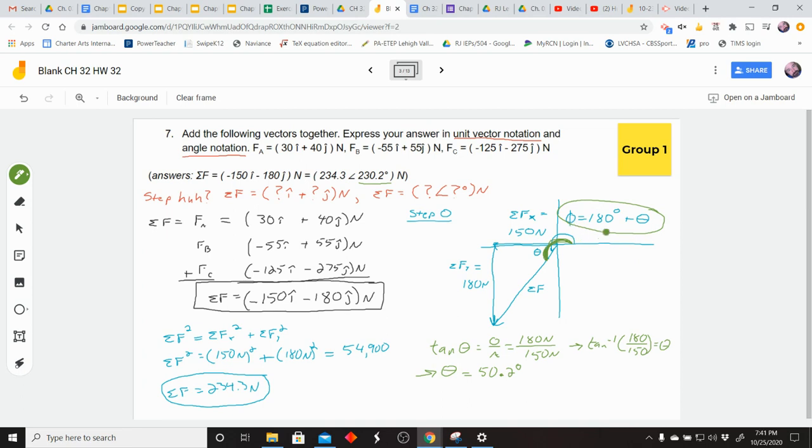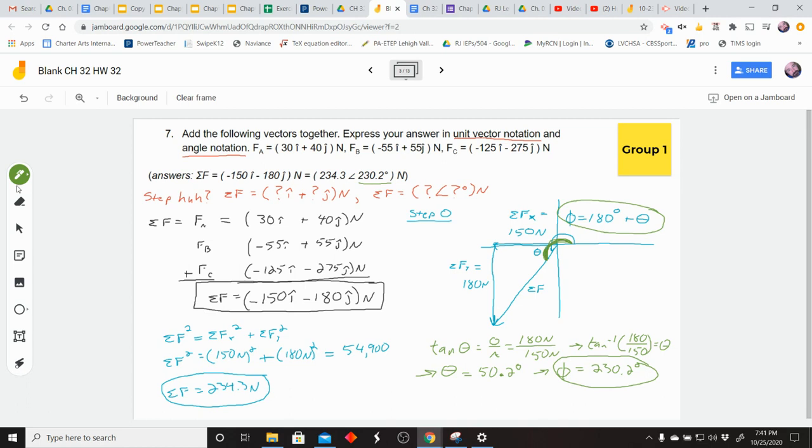The angle I'm going to call here phi is 180 plus that 50.2 degrees I just got. So that's going to give you phi is equal to 230.2 degrees.